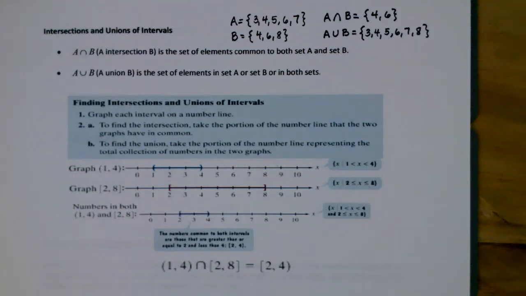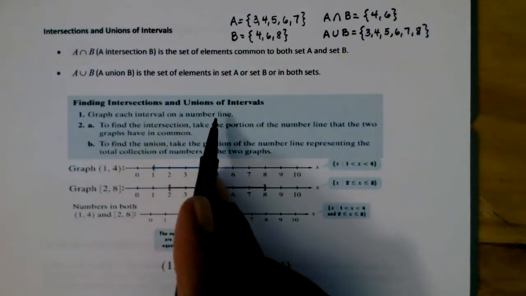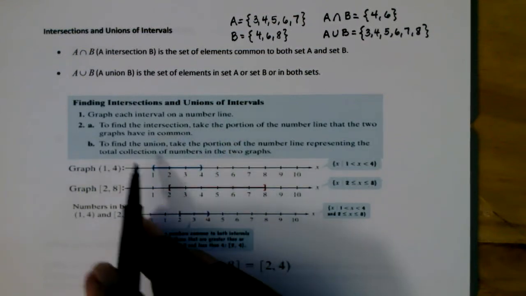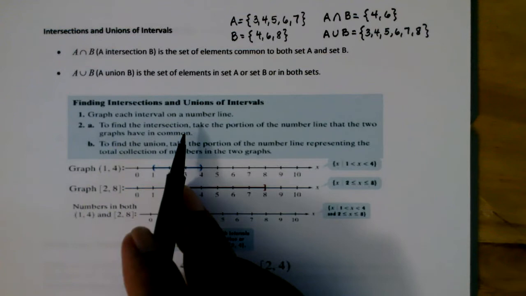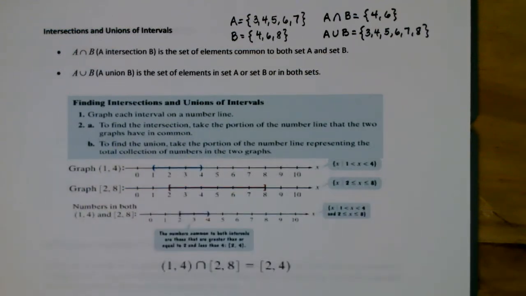Now we're going to be using this idea when we deal with intervals here. So when we find the intersection and the union of intervals, we're going to do this. We're going to graph each interval on a number line. That's step number 1. And then number 2, you're going to find the intersection by taking the portion of the number line that the two graphs have in common.